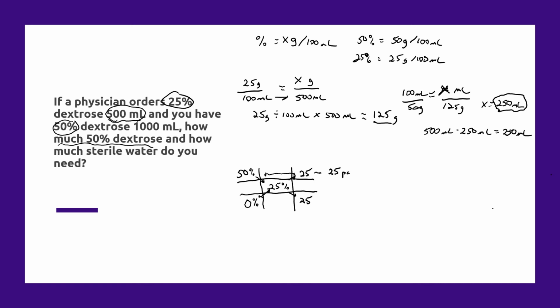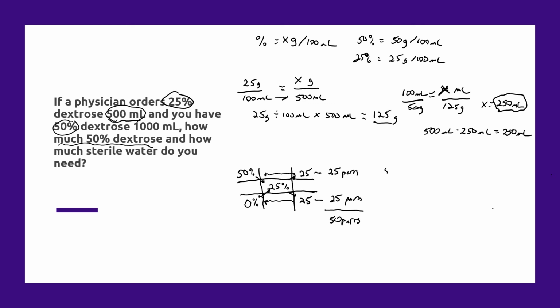So 25 parts of 50% per 25 parts of the 0%. Okay, and if we have 25 parts of one and 25 parts of the other, we have a total of 50 parts. Now we could have simplified this because both are divisible by 25 to one part, but we'll keep it like this just to complete this out.